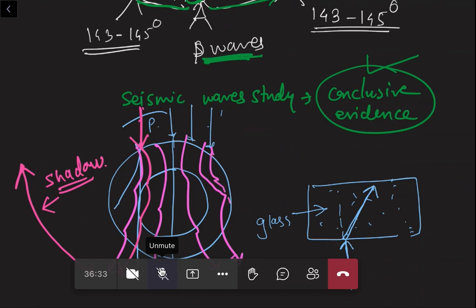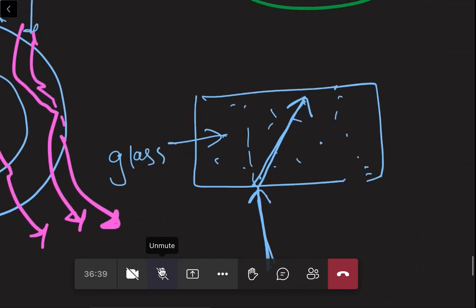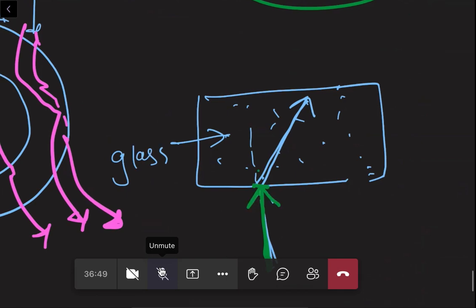Why is it not coming? Because its direction has changed. You understand? Like this only, just see this glass. Now when this green ray is coming, you expect that it should reach this point O, because you believe it should pass in a straight line.